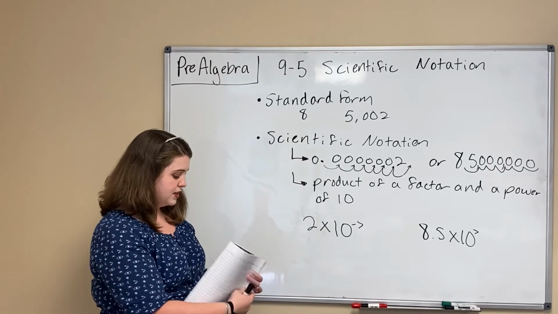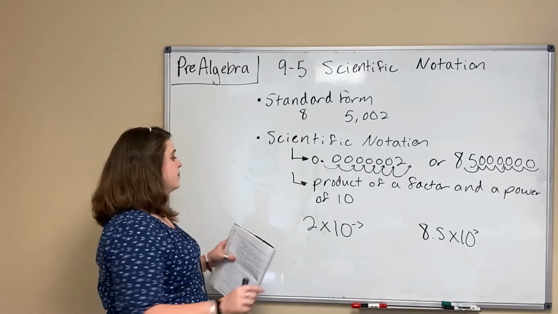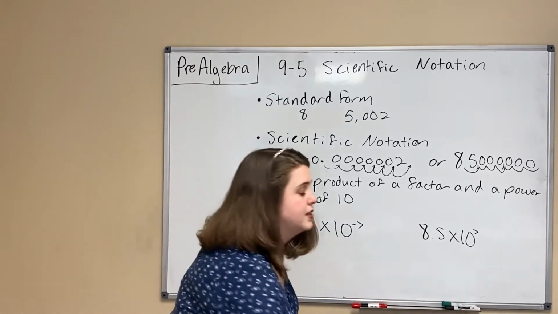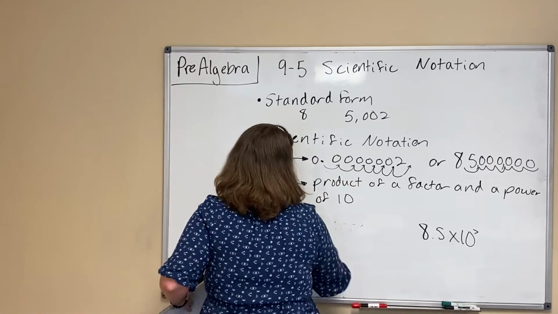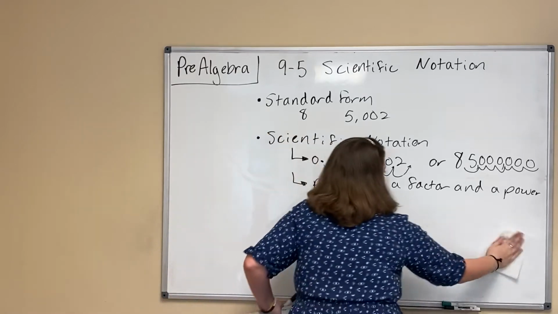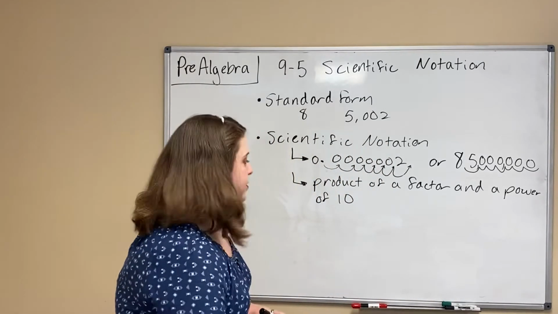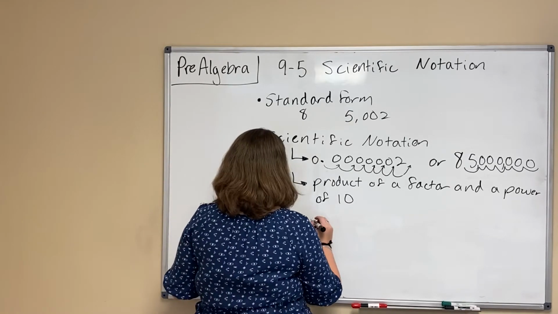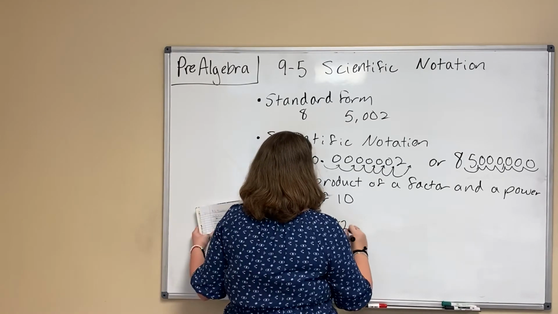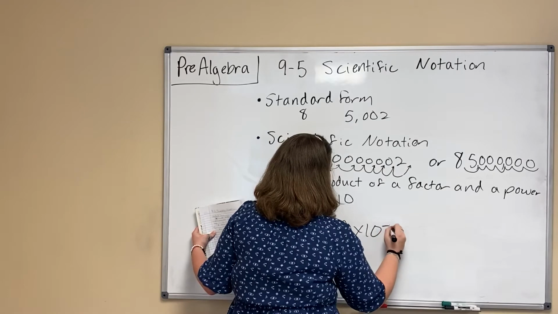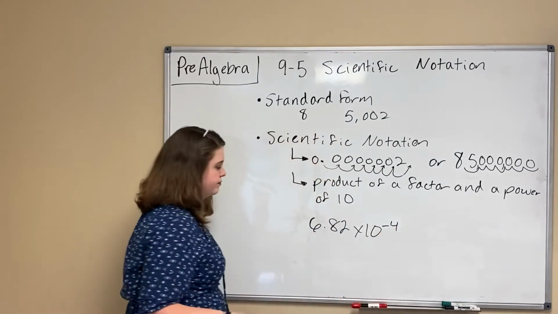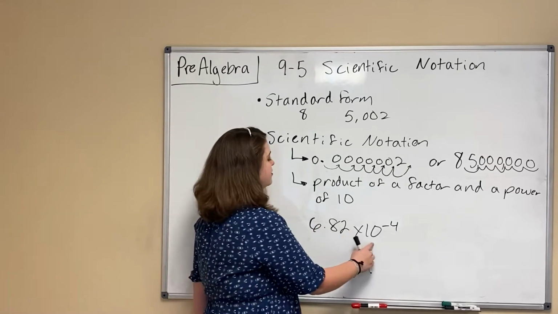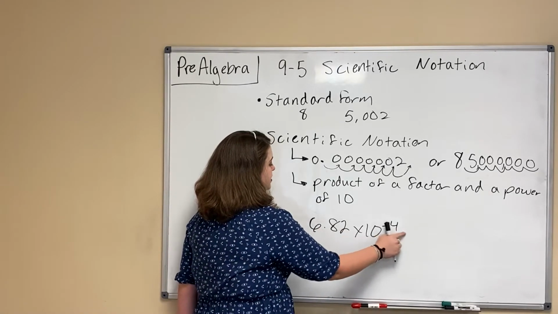Hopefully that makes sense. Likewise, if I gave you a number that was already in scientific notation and you wanted to go backwards, for example, 6.82 times 10 to the negative 4th. Now I'm dividing by 10 4 times because this is negative.